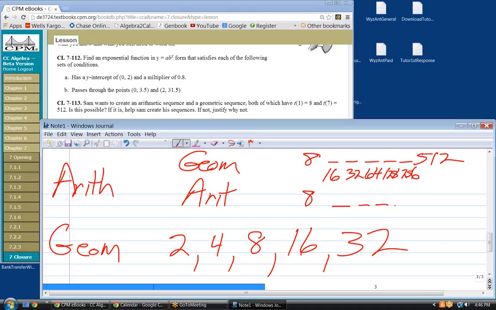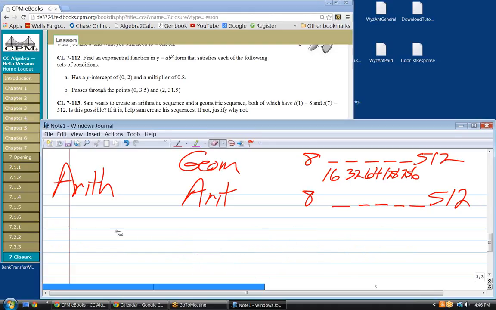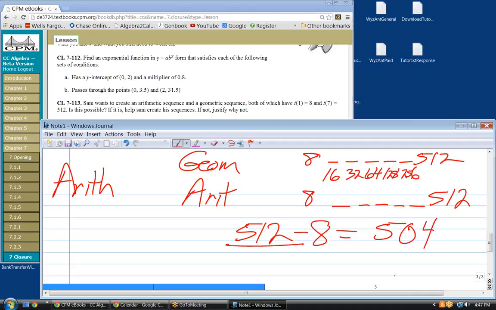Well, almost certainly it can be arithmetic, right? Yeah. Because all we have to do is find the difference. Well, now hold on. Maybe it can't be arithmetic. So we've got to cover 504 spots. Wait, why did you minus 8?